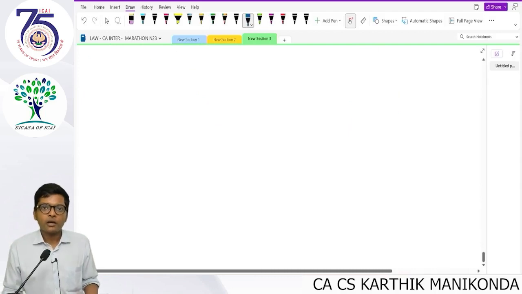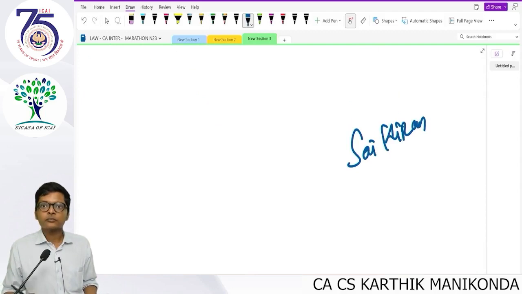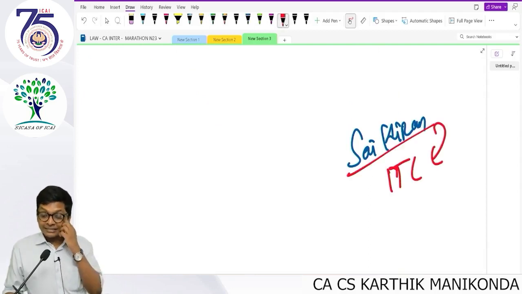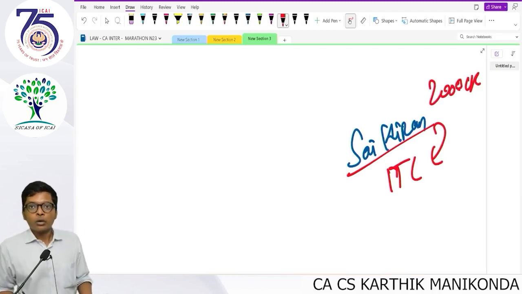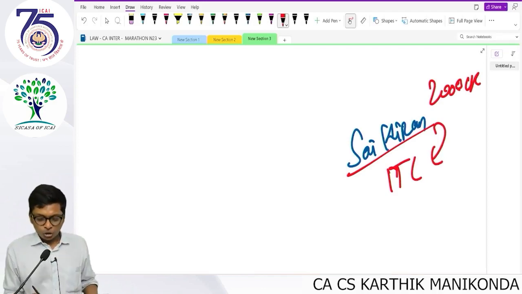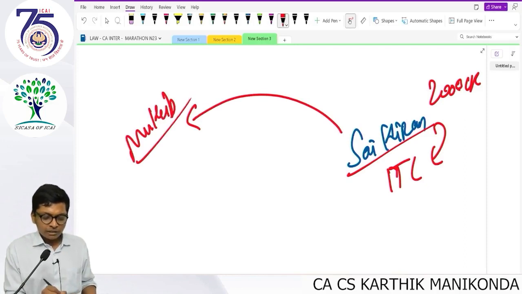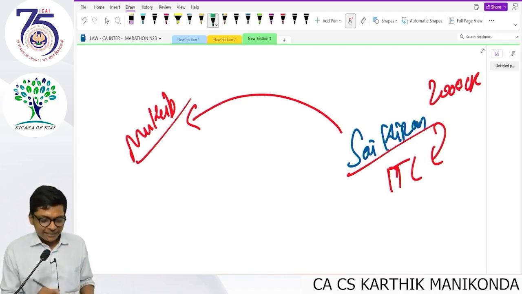Let's say, for example, we have Sai Kiran. Sai Kiran is a shareholder of ITC. He has invested 2000 crores in ITC. Now, if Sai Kiran receives this money, he has to pay tax. So he told ITC to pay the dividend to his friend Mukesh. Sai Kiran is the benamidar, guys.